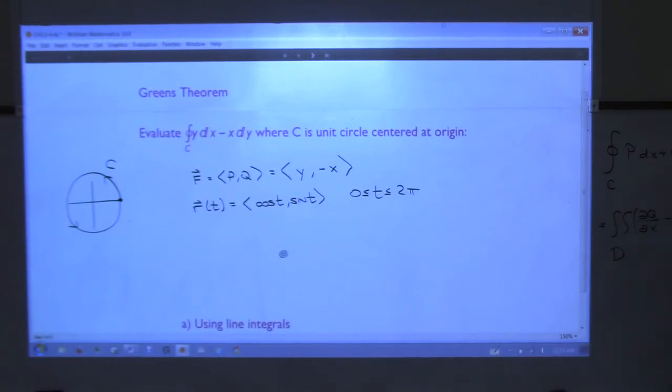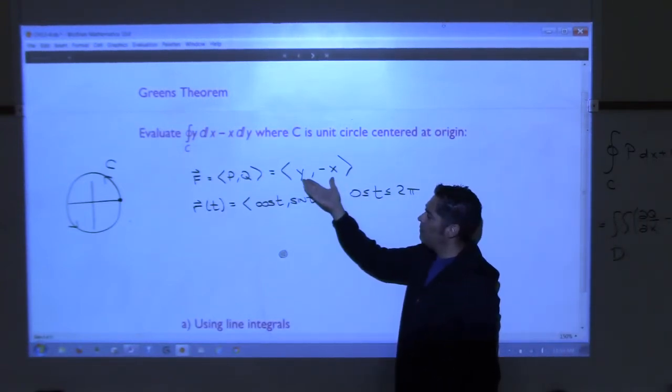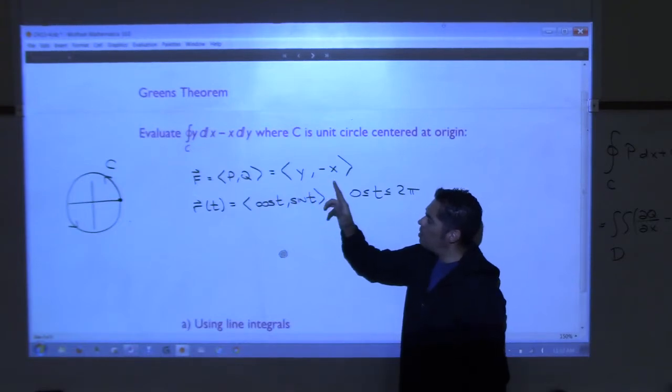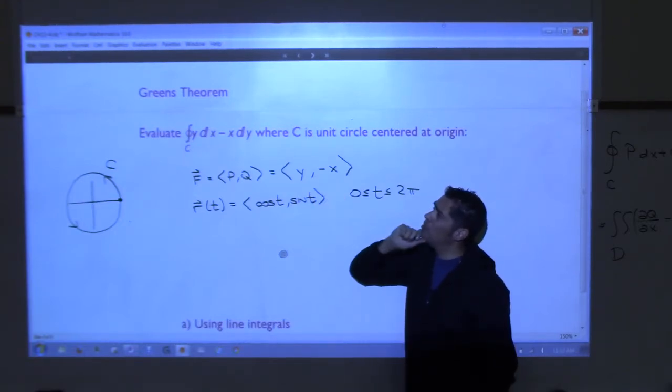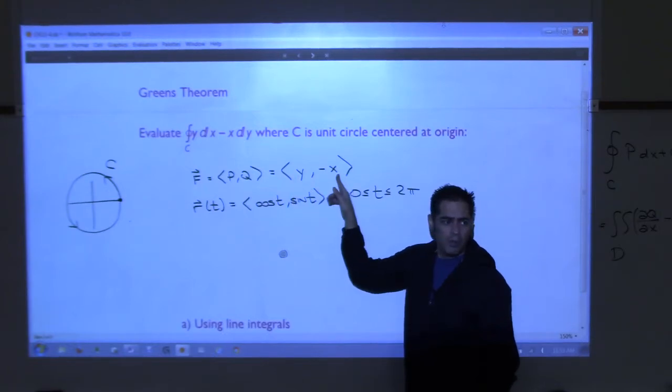By the way, is this a conservative vector field? We should have maybe checked that to begin with. What's the check you do? The partial of P with respect to y, which would be 1, and the partial of Q with respect to x, which would be negative 1, and they're not equal.